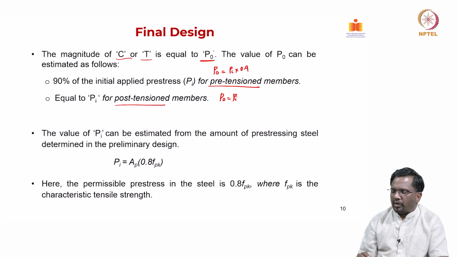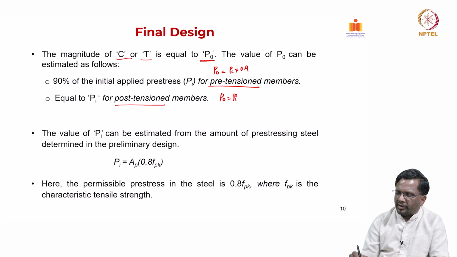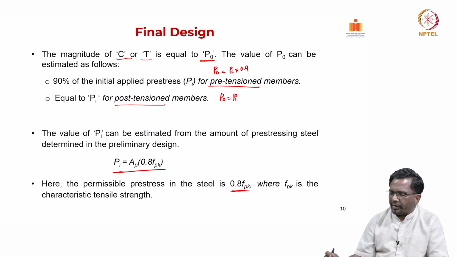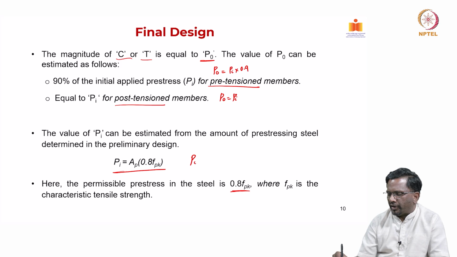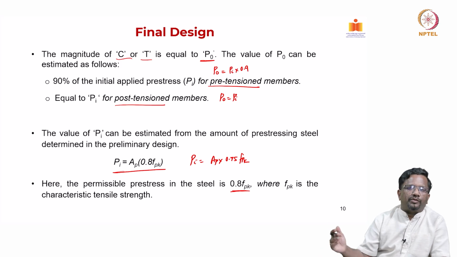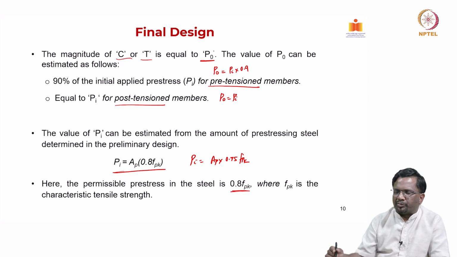Now, the value of Pi we can estimate from your initial pre-stressing as AP into 0.8 FPK. The permissible stress in the pre-stress steel is 0.8 FPK. Here I have taken 80% of characteristic strength. If you don't want, you can also take Pi to be AP into 0.75 times FPK. Different codes give you different values, but typically 75% is good enough.